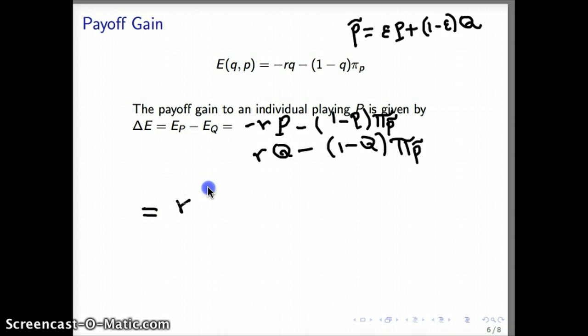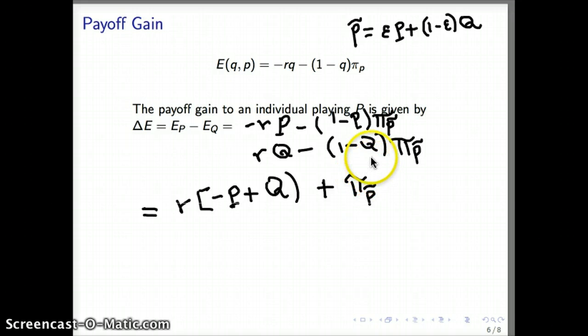I'm going to write R here multiplying minus P plus Q. And we have also a common factor pi sub P tilde. Before I proceed, I want to point something out.